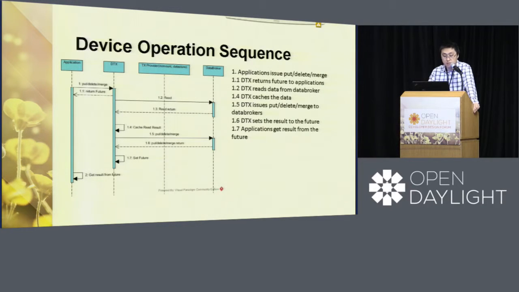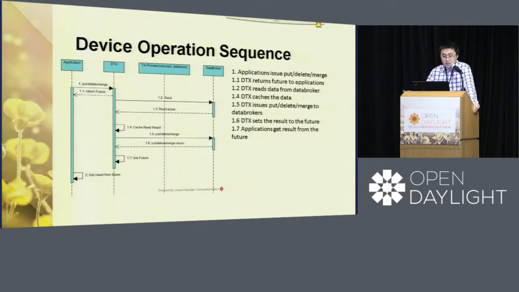And then DTX will issue the real put, delete, or merge to the device. At this phase, the real write to the device happens. After 1.5, the data broker will write the real data to a device or to a database. This is where the real programming happens.